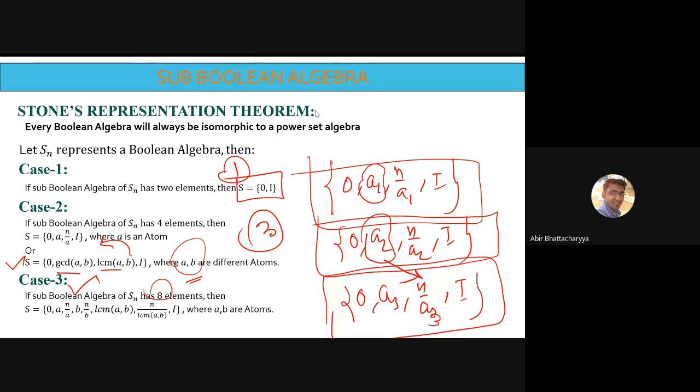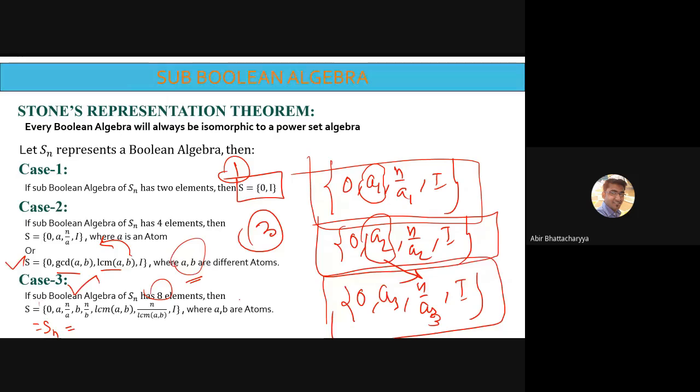So it will be S equals to Sn only. Whatever your Sn is, that is the only sub-Boolean in case 3.